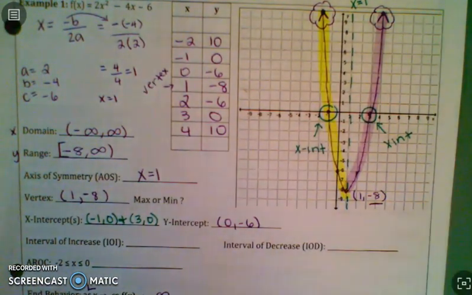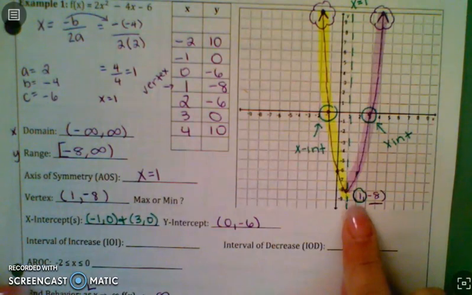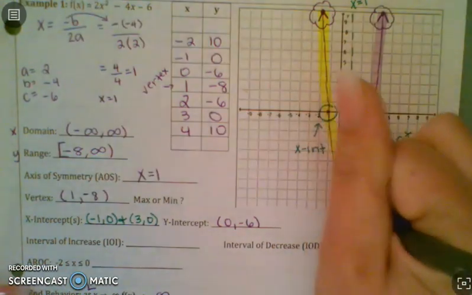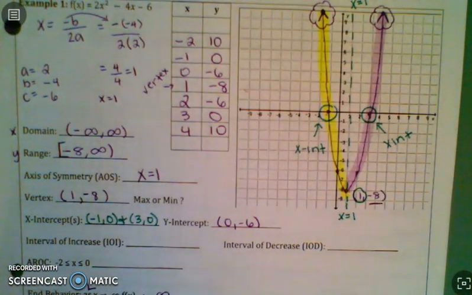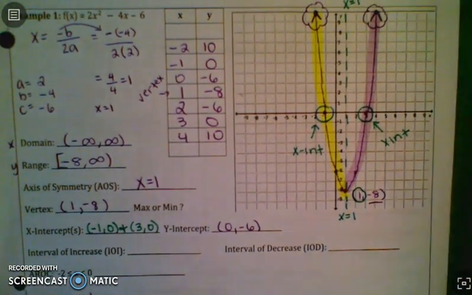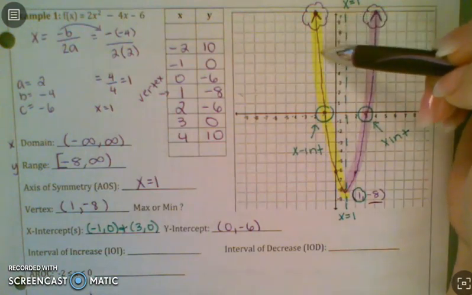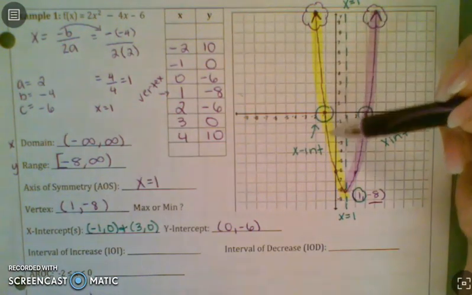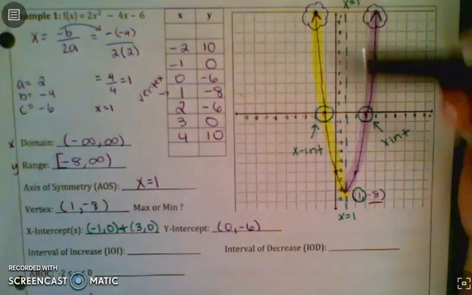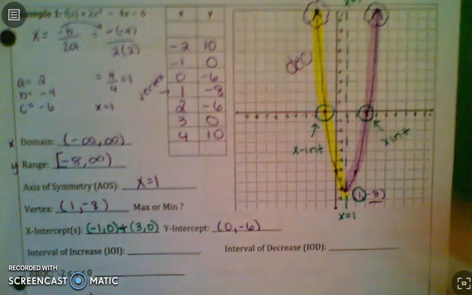And it's splitting at 1, at our axis of symmetry, x equals 1. So if I was a person walking on this hill, if I start here, as I go this way, I'd be running downhill. So since this is downhill, this is the decrease side.